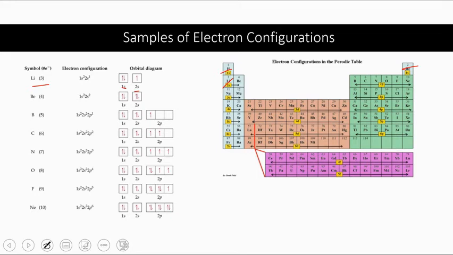What if I wanted to deal with, say, sodium? If I'm looking at sodium, another way to do this is through a flat line, a horizontal diagram. So I have my 1s, I have my 2s, I have 3 lines for my 2p, and I have my 3s. Sodium has 11 electrons.